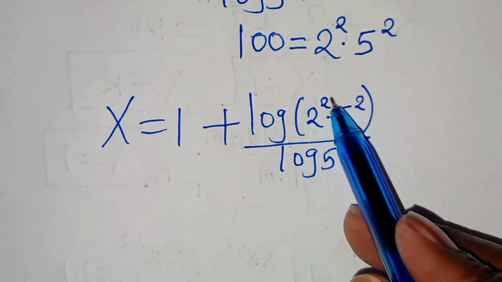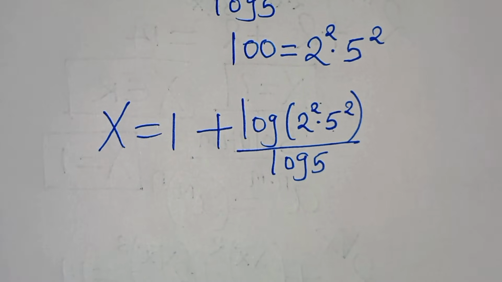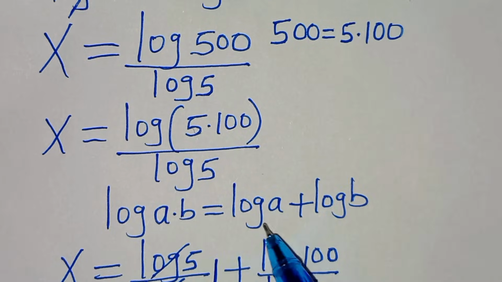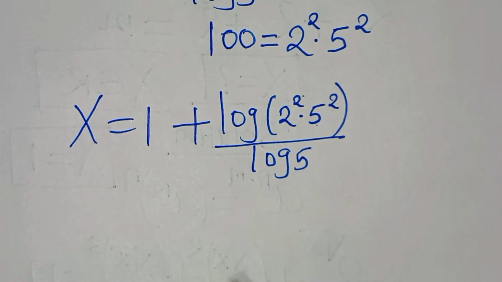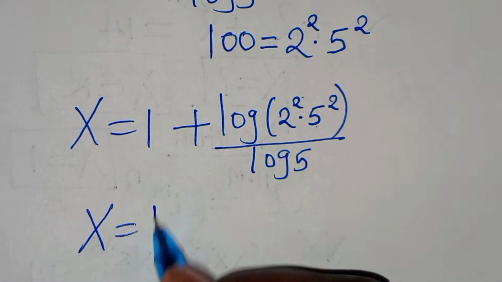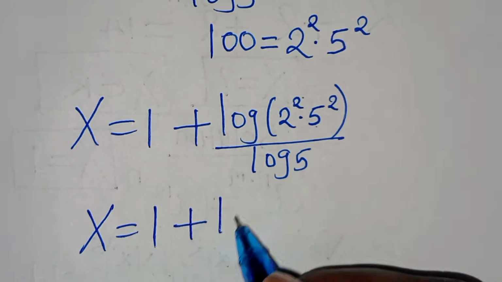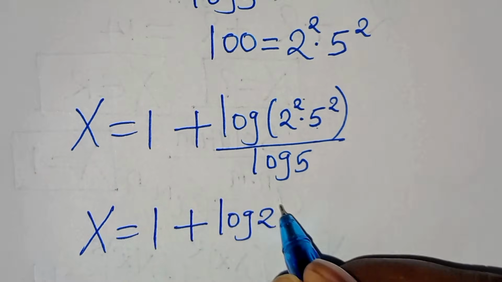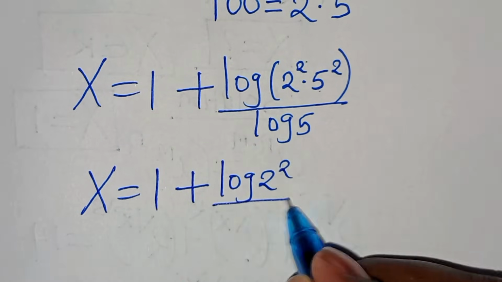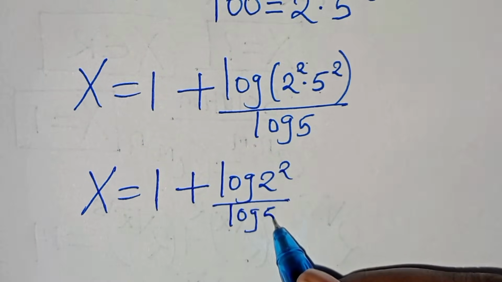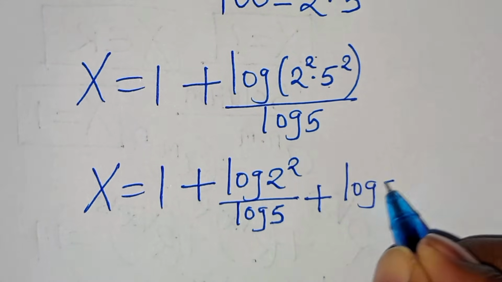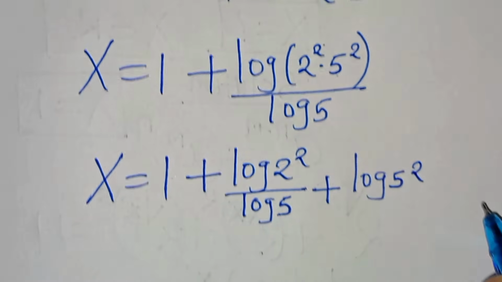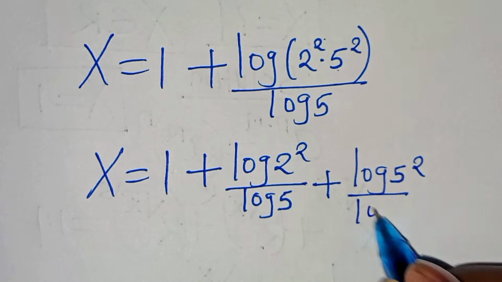Log of 2 to the power of 2 times 5 to the power of 2 is again in the form of log a times b, which you can express as log a plus log b, so that x is equal to 1 plus log 2 to the power of 2 divided by log 5, plus log 5 to the power of 2 divided by log 5.